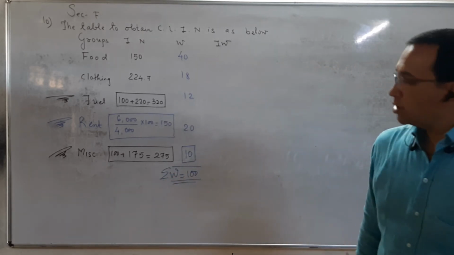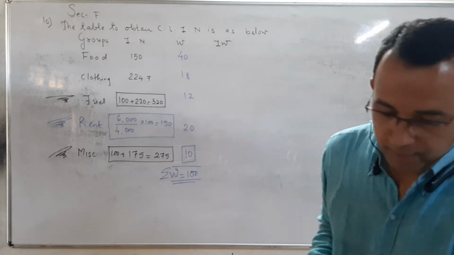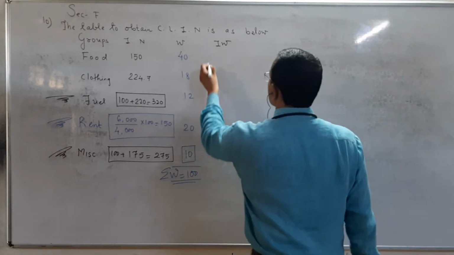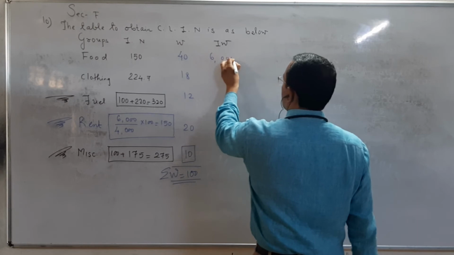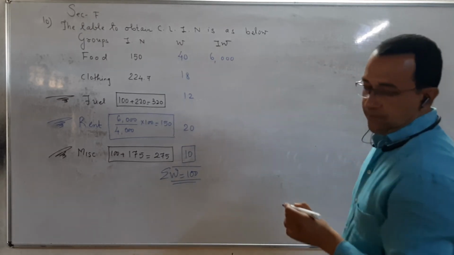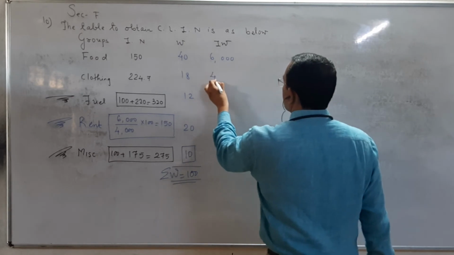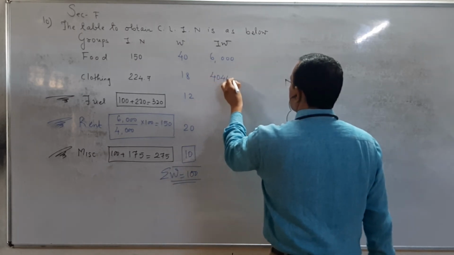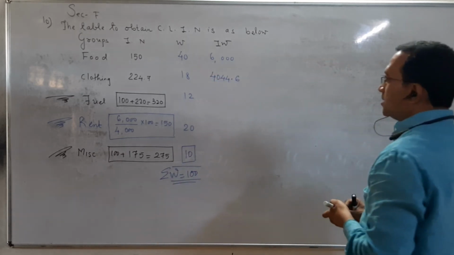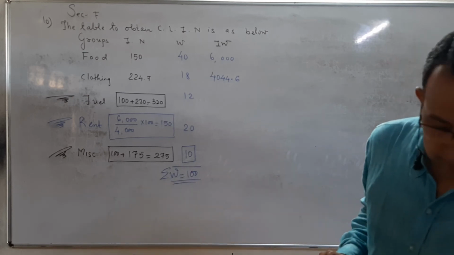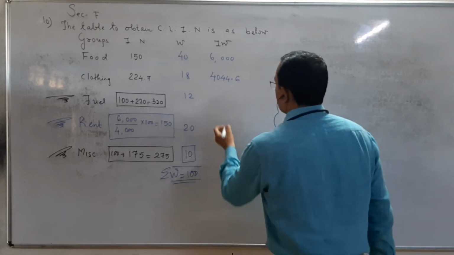Now students, only operate IW, so 150 into 40, so 6,000. 224.78 into 18, so 4044.6. Then 320 into 12, so 3840.